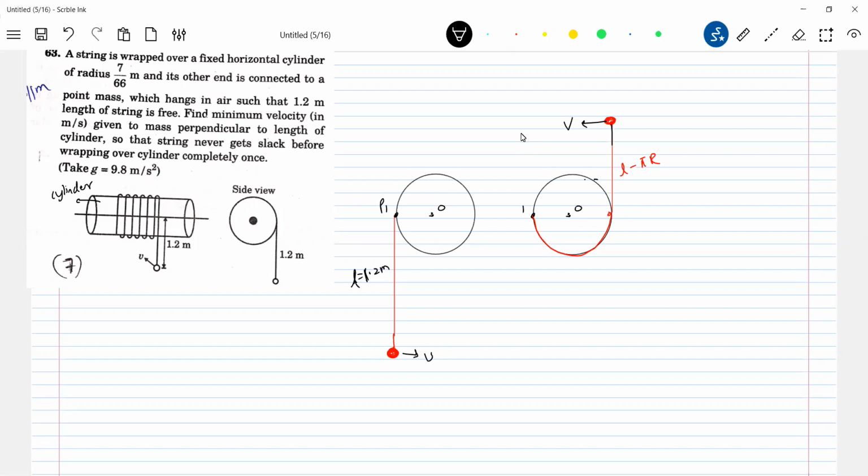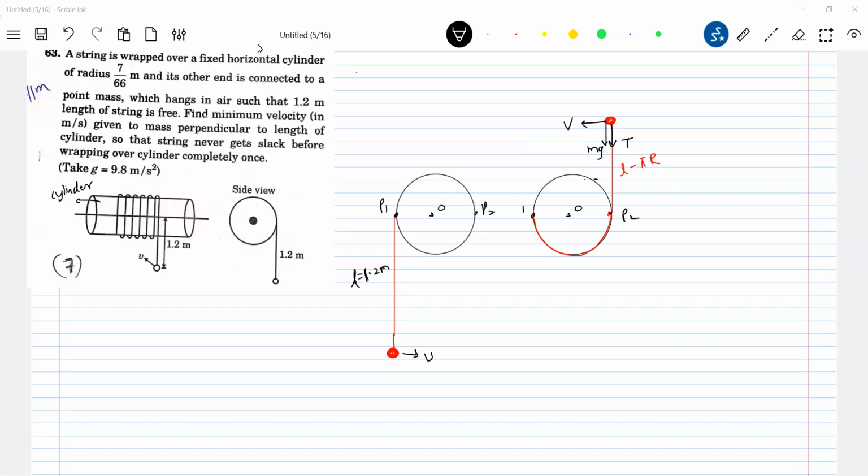The tension here can be 0 also. Then mg will provide the required centripetal force. Sir, if tension is zero, it will become slack. No, tension 0 means the string will just be straight. I think I said this in yesterday's class. Then when will it be slack, sir? I think I made a very clear picture.